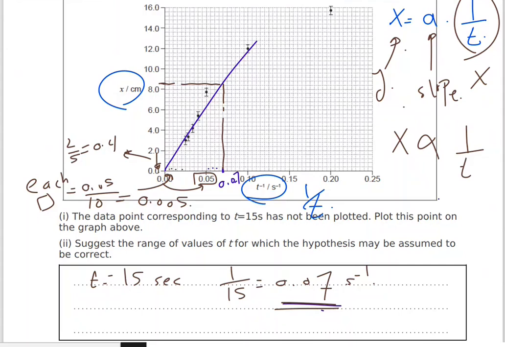So this value here is 9, and the value of x will be 9 centimeter. This point here: x is 0.07, the value of 1 over t, and y, the displacement, is 9 centimeter.